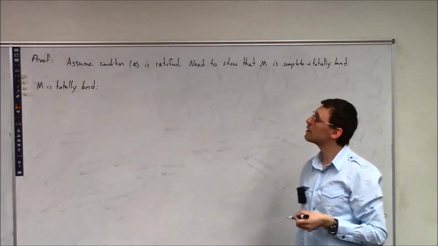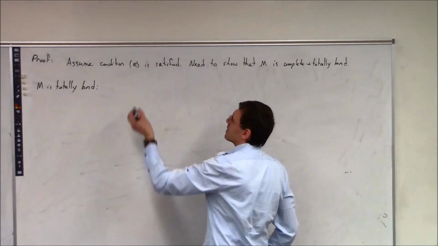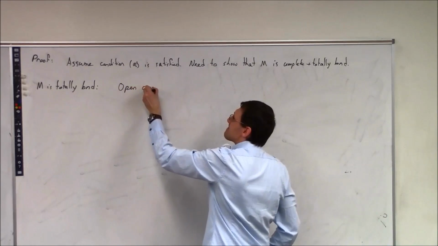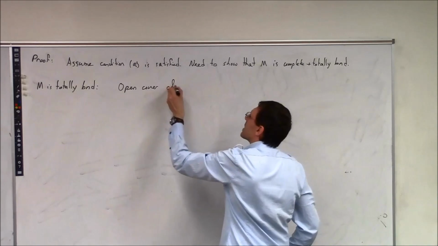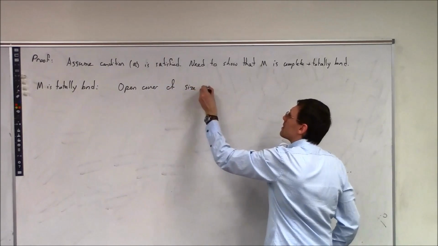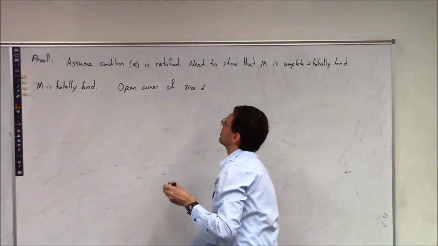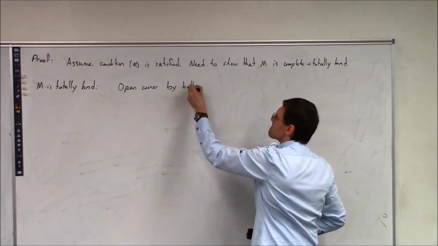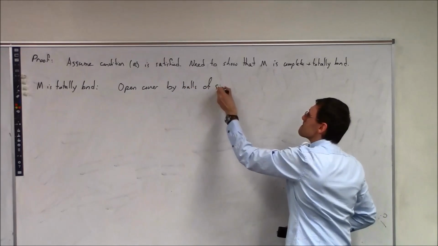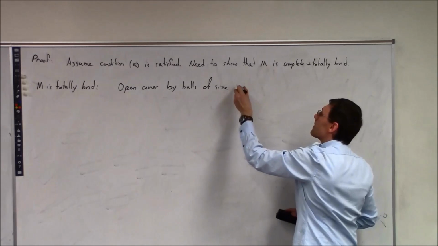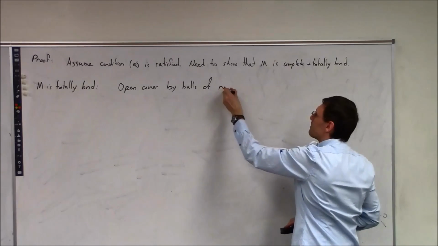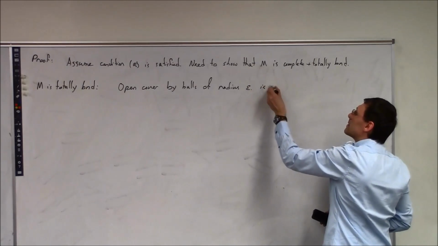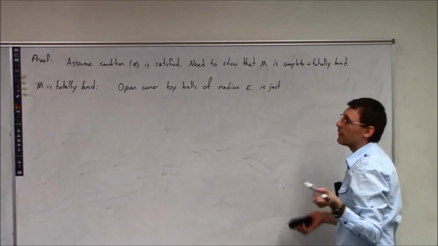Because the open cover that you pick is just... Yes, exactly. So the open cover by balls of radius epsilon is just a particular open cover.